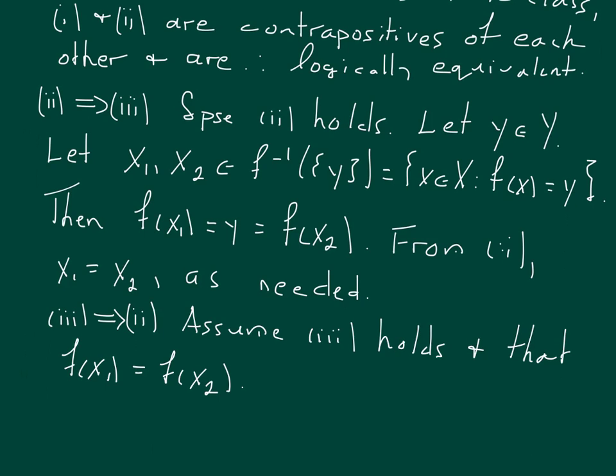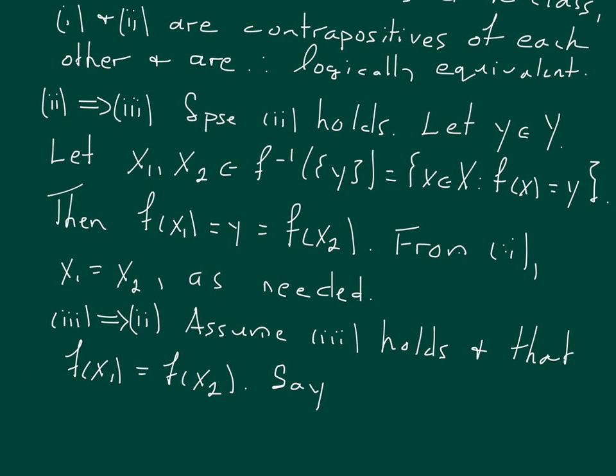Alright, so let's just call this common value that f takes at x1 and x2 y. So let's say y is equal to f(x1), which is equal to f(x2).